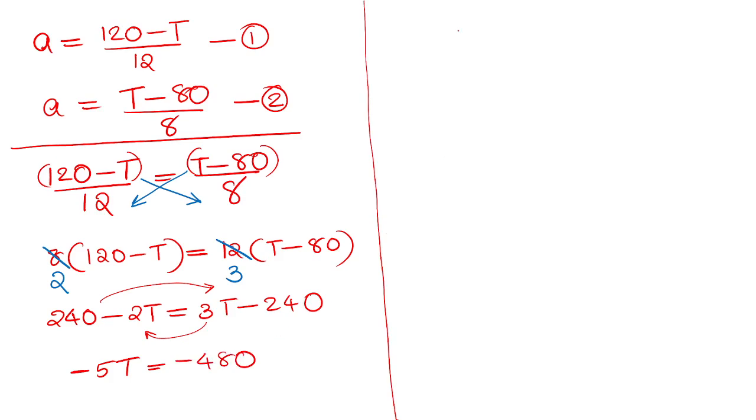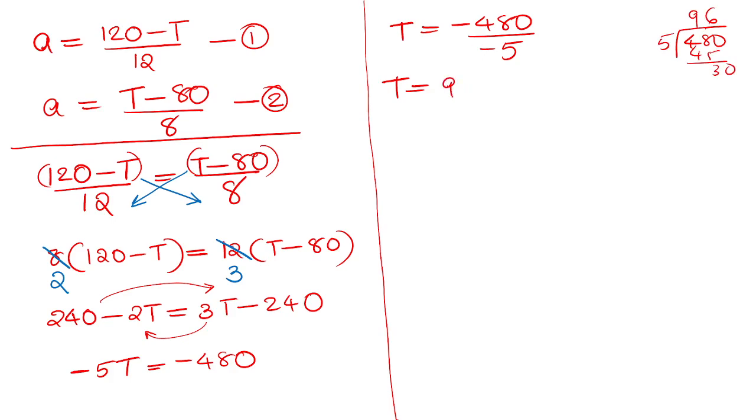Is it correct? Yes. Tension is equal to minus 480 divided by minus 5. 5 cancels. Tension equal to 480 divided by 5. What is the value? 96. Negative sign cancels. 96 Newton.